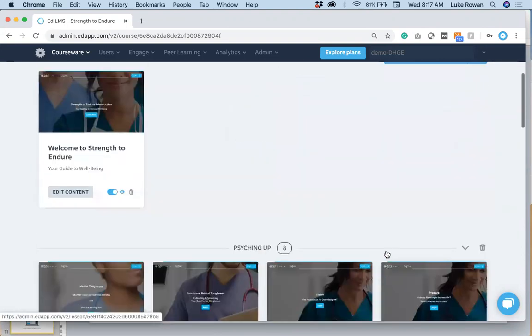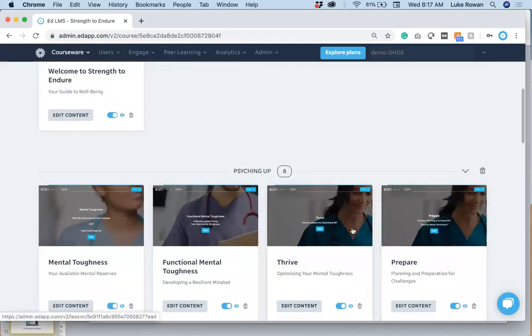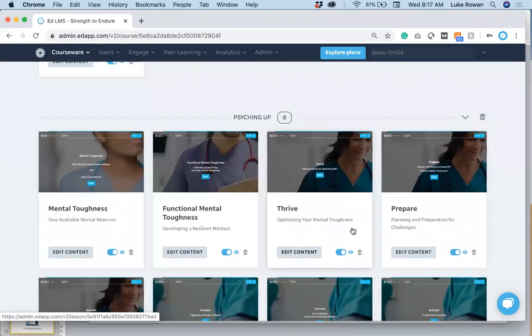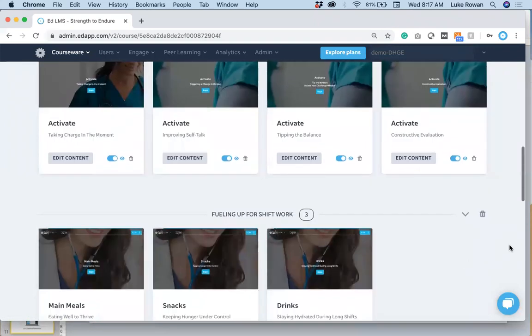So how did this come together? Obviously, we've got a nice introductory lesson here. But tell me about psyching up, this first component. Right. So there are two major components to the course. One is psyching up, and this was primarily Dr. Wilson's content.